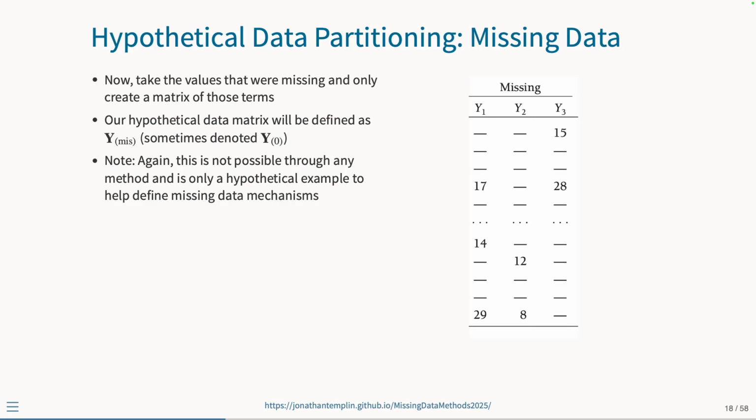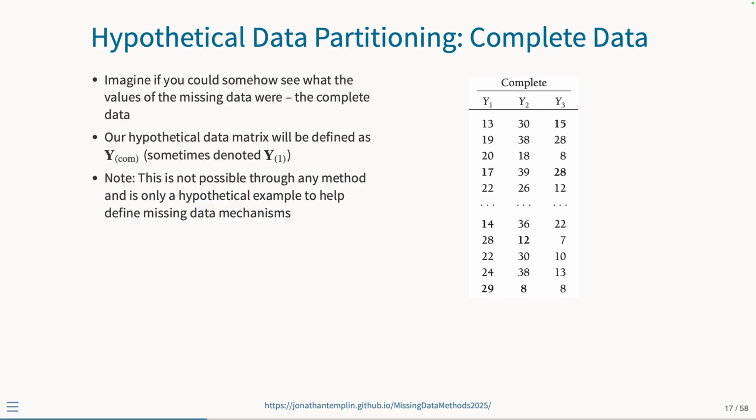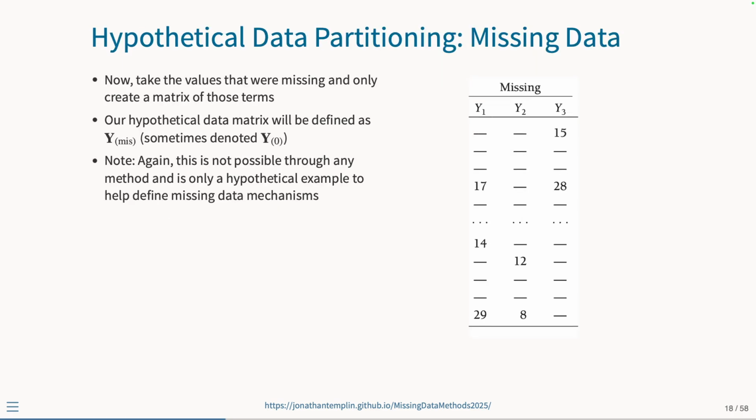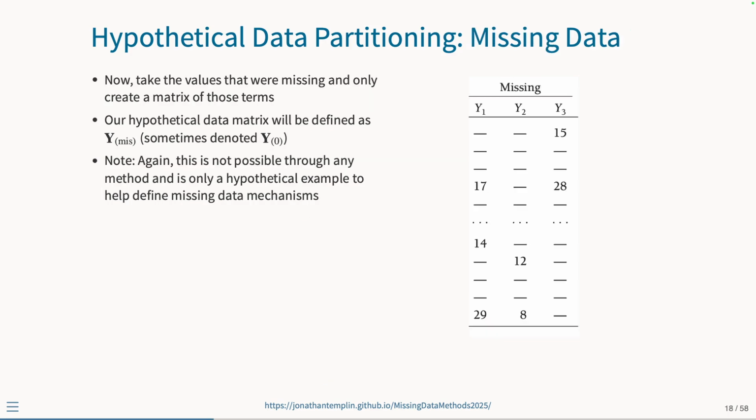So Y miss is basically if we took Y observed and added Y miss to it, and wherever there was missing, we just made it 0, we would end up with Y complete, right? But remember, in a real data set, we don't know what that is. We can do this in simulation, but in real data, we'll never know what the missing values are, right? So right away, you should realize this is the hypothetical because we're never going to figure that out.